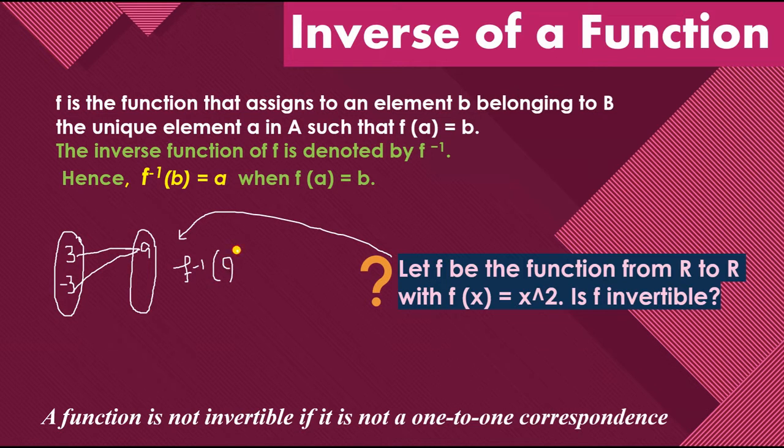Now how can we write a single thing over here जबकि हमारे पास इसके दो आंसर्स हैं, दो प्री इमेजेस हैं एक इमेज के लिए, तो फिर हम इस केस में ऐसे फंक्शंस का इन्वर्स नहीं निकाल सकते. Okay, so it is very important for the function to be one to one correspondent अगर हम लोगों ने उसका इन्वर्स निकालना है.